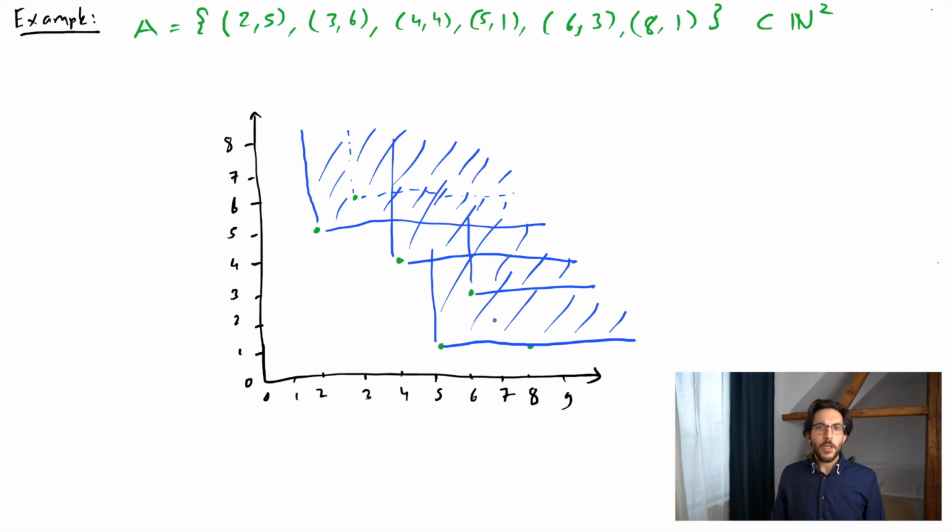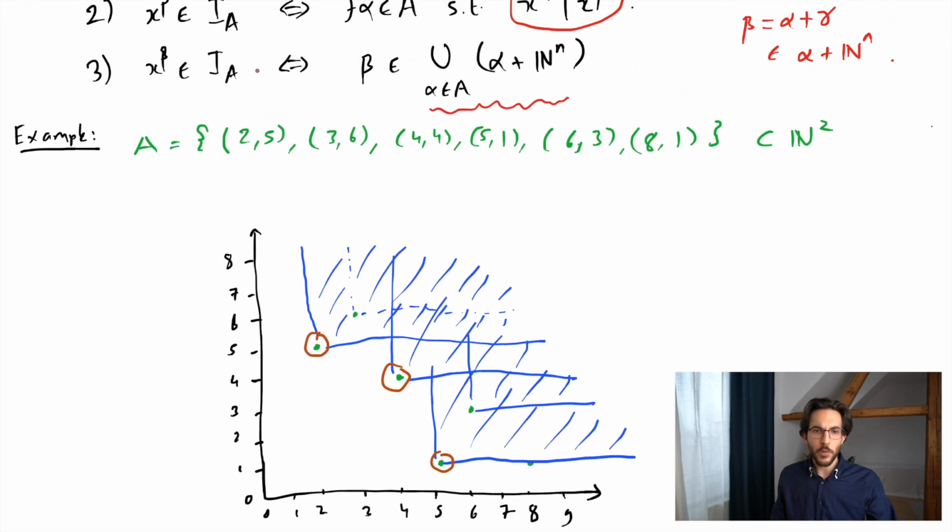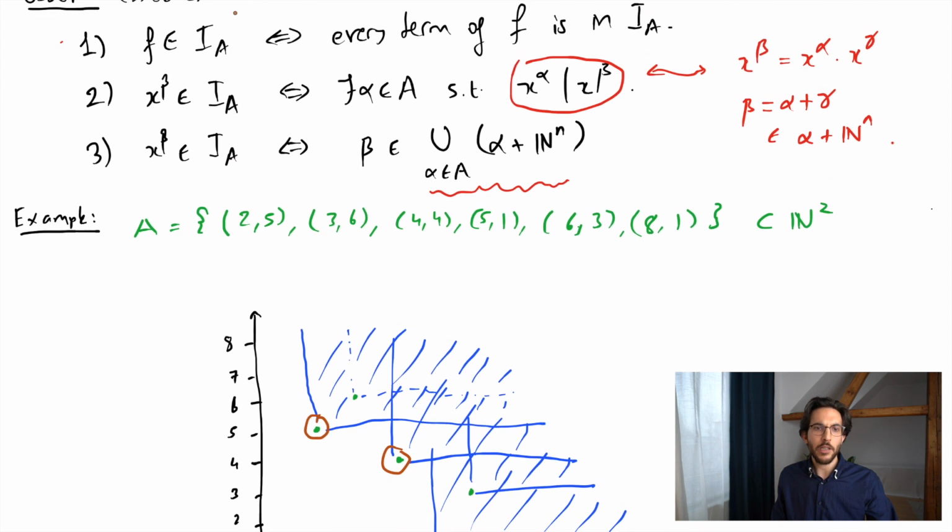So a bunch of these points became redundant. The only important points are these three corner points. So if I know these three corner points, I can recover this shaded region by just putting the translated quadrants at these three corners, and then I recover my ideal, because the condition says that the union gives me the exponent vectors of all monomials inside my ideal, and from this I can recover all polynomials.